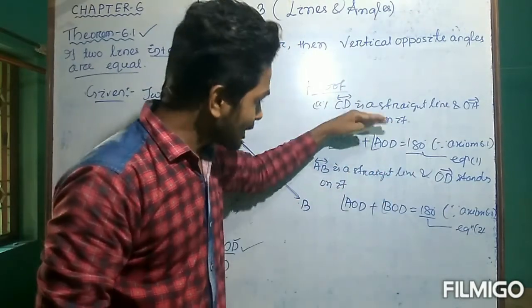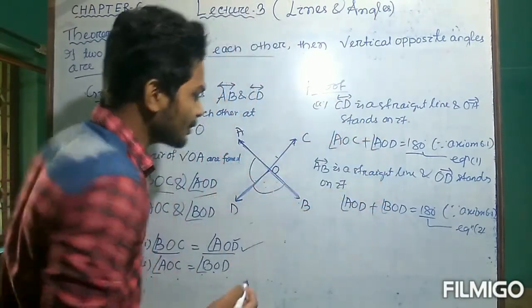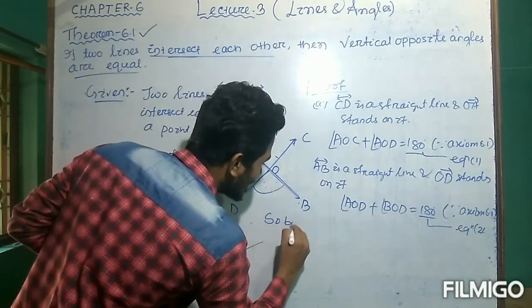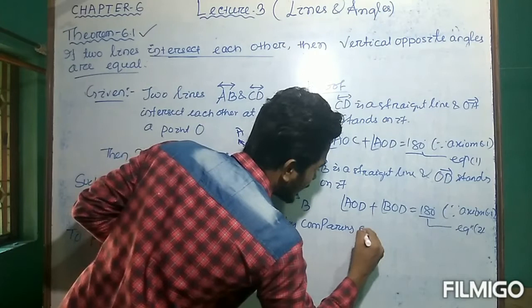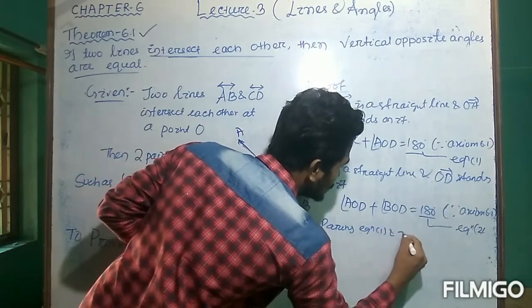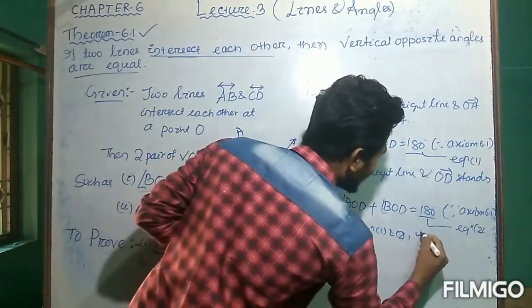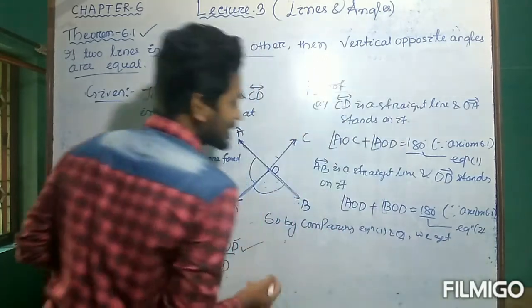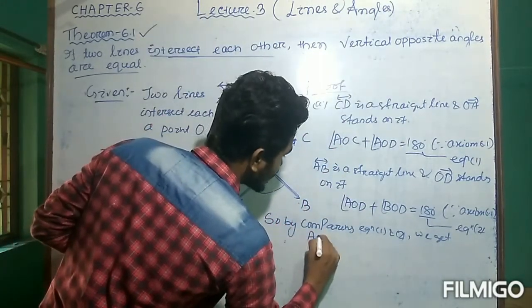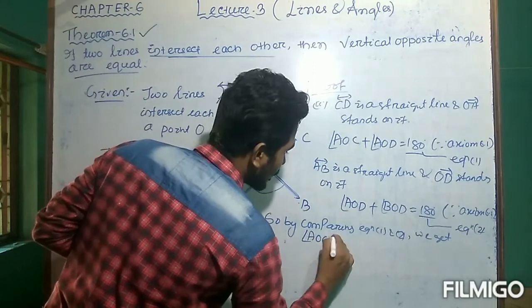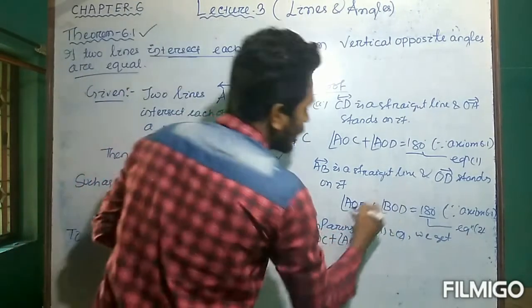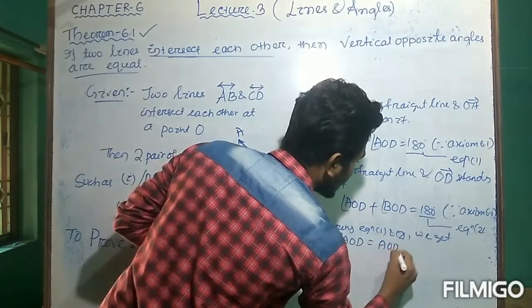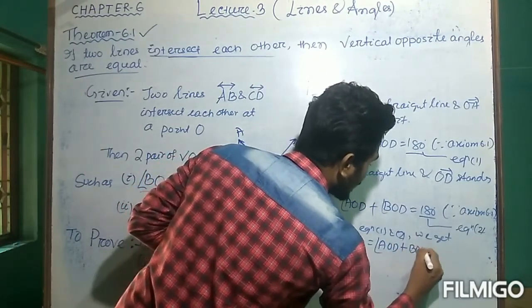Hence we can write that their LHS must be equal. So by comparing equation 1 and 2, we get AOC plus AOD is equal to AOD plus BOD.